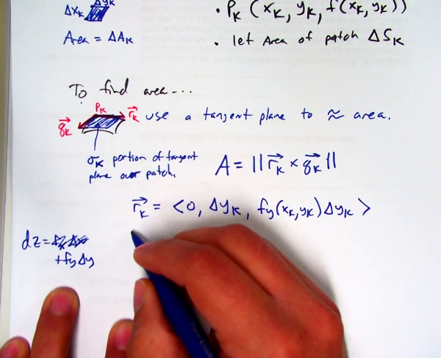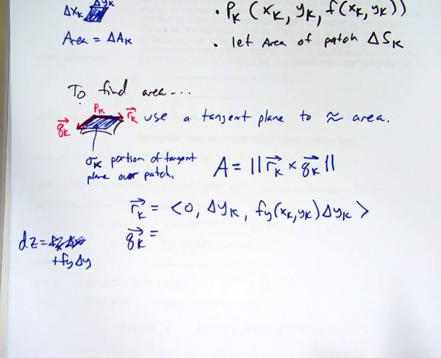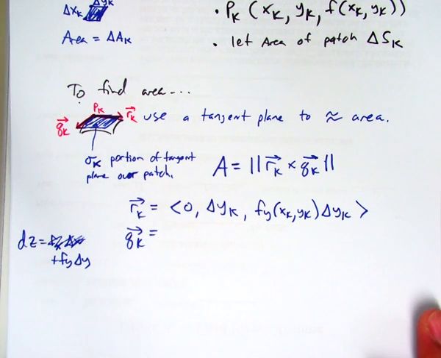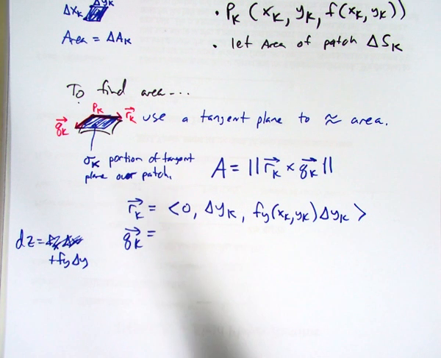Why are we doing two tangent vectors? Haven't we always just done one to figure out a tangent plane, like the gradient? Well, no, because if we need a plane, we need two vectors. You can't just have one. We're not finding the equation of the plane. We're actually trying to find the area of a portion of the plane.